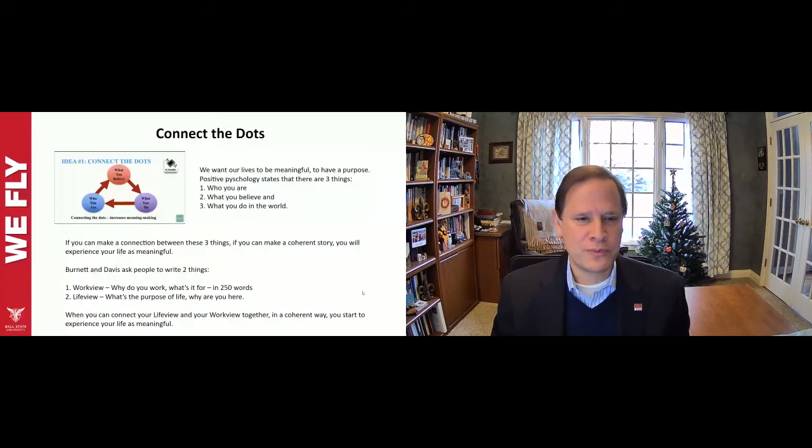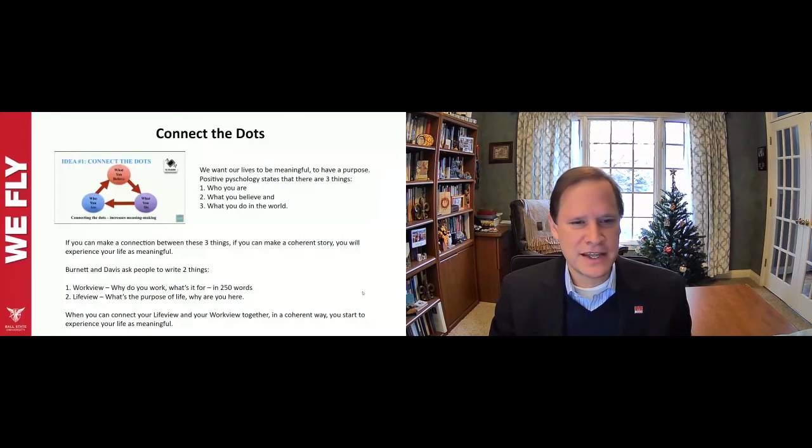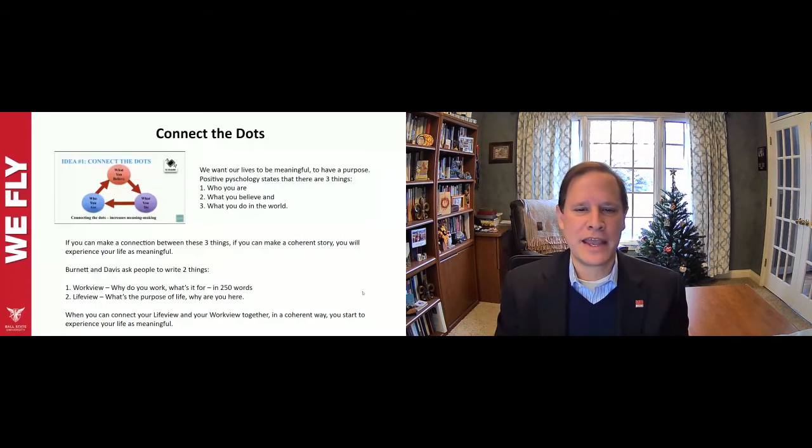And then your life view. And this is deeply personal for everybody. For some of us, it has a spirituality to it. For others, it has a naturalistic dimension to it. But from your point of view, what's the purpose of life? Why are you here? What difference do you want to make in the world? Reflect on those, again, just in 250 words, and then look at it, think about it, and figure out what are the connections.